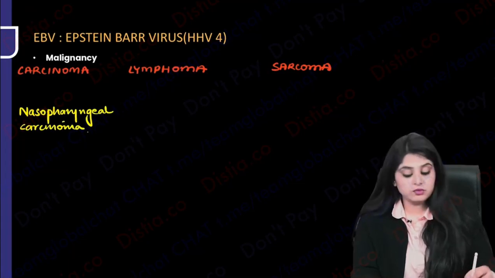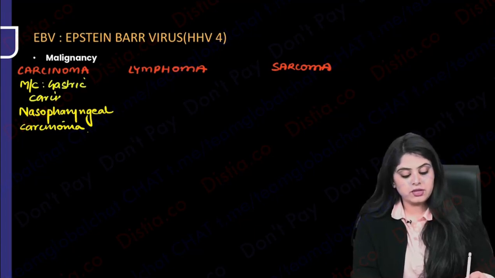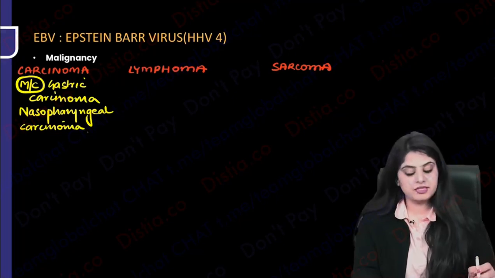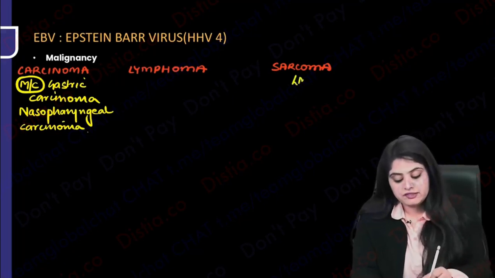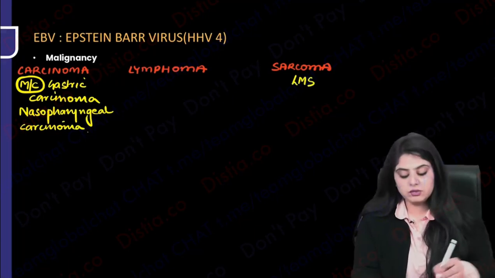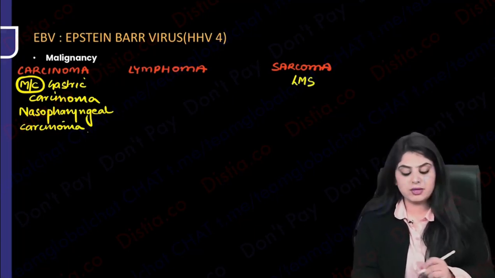However, the most common carcinoma is not this. The most common carcinoma is gastric carcinoma. Okay? So gastric carcinoma is the most common, which is again a question. The only sarcoma that can occur is leiomyosarcoma, smooth muscle one.